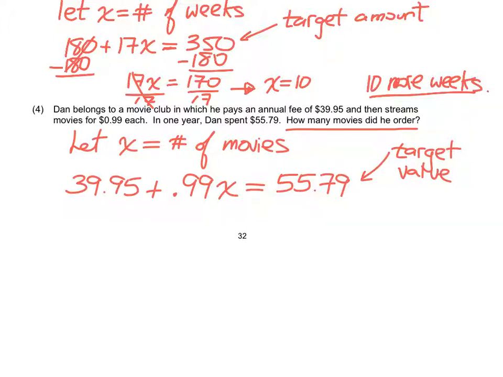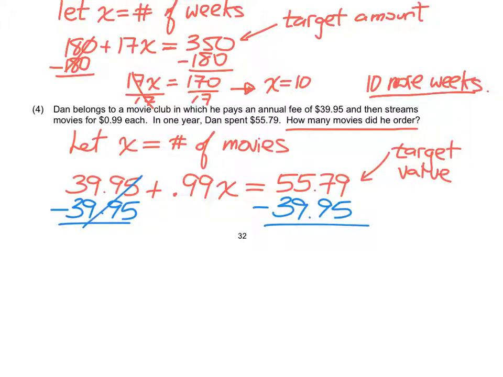All right. So next move, subtract the $39.95. And what do you get if you subtract? 1584.